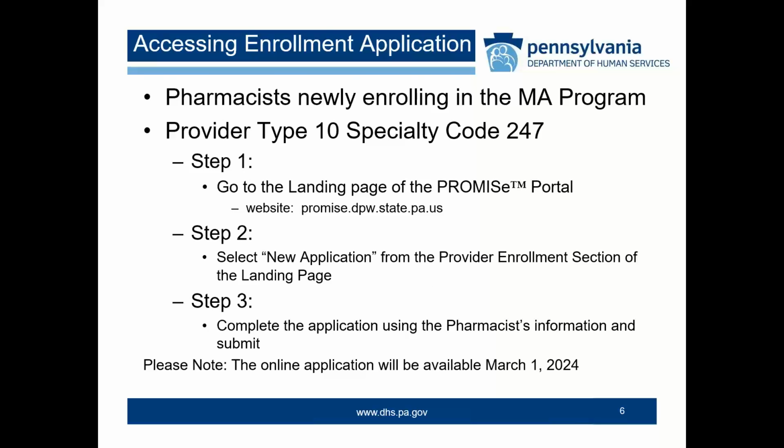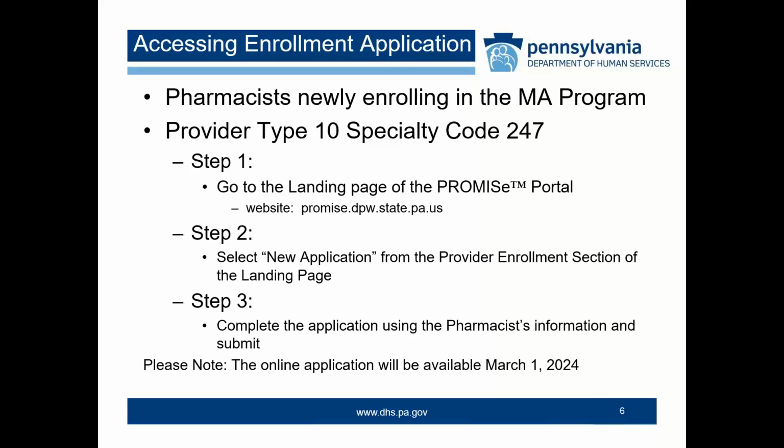So again, if you're accessing the application, for pharmacists who are planning on enrolling in the MA program, you will be a provider type 10 with a specialty code of 247. In order to access the application, you want to go to the landing page of the Promise portal.